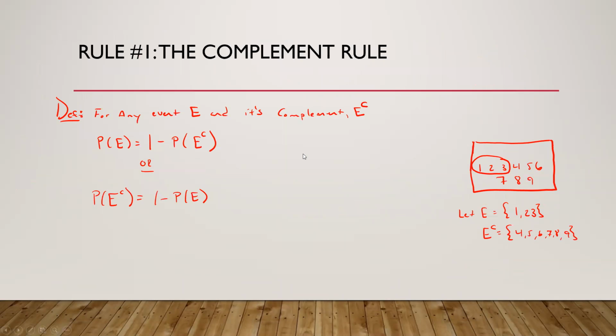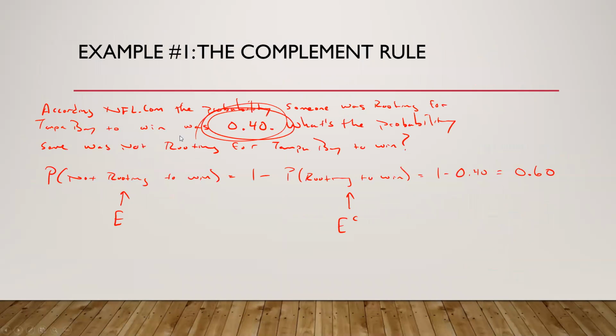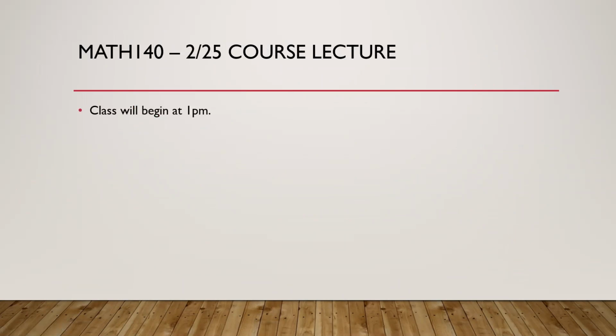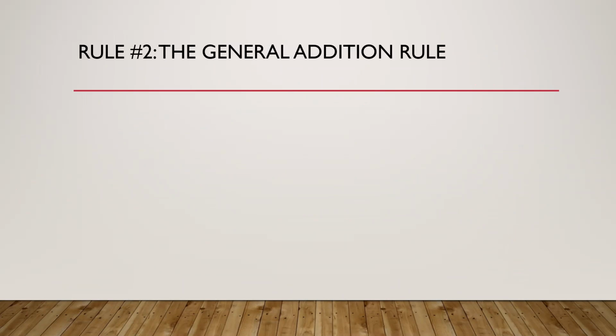All right. So we ended class last time using the complement rule. We worked two examples of that, it looks like. And now I want to get through a couple more rules. The first one that we're going to talk about today is called the general addition rule. And it goes like this.